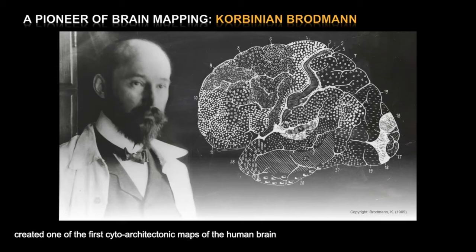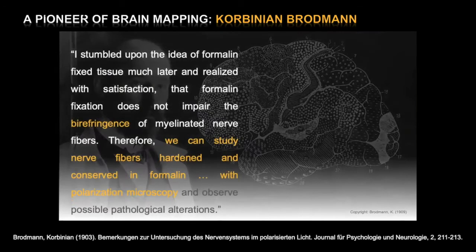But he also wrote very early, 1903, the following sentence: I stumbled upon the idea of formalin-fixed tissue much later and realized with satisfaction that formalin fixation does not impair the birefringence of myelinated nerve fibers.